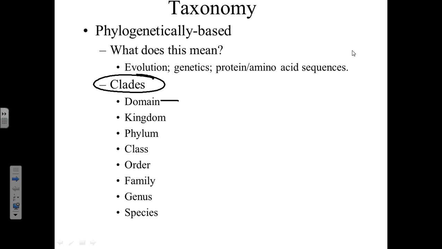There's three main domains. Eukarya, which includes all the eukaryotic organisms like plants and animals, protists and fungi. Eubacteria, and that includes what we would call normal bacteria, normal prokaryotic cells.